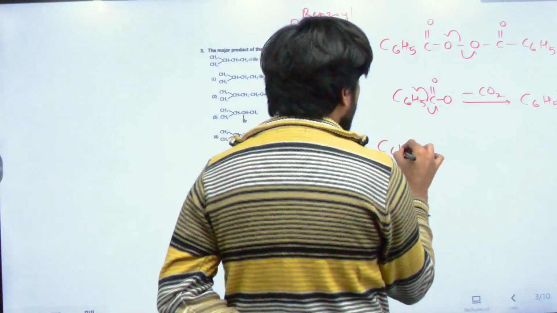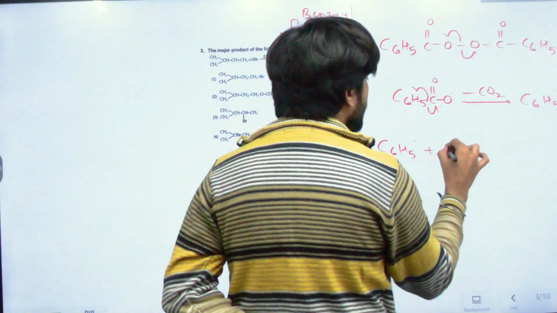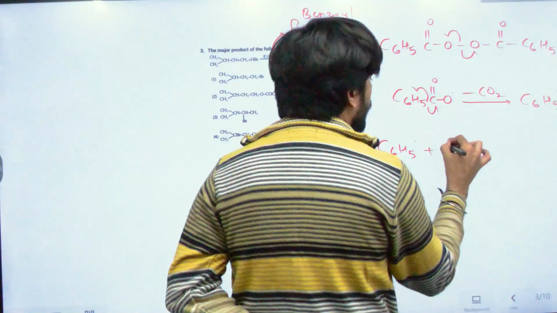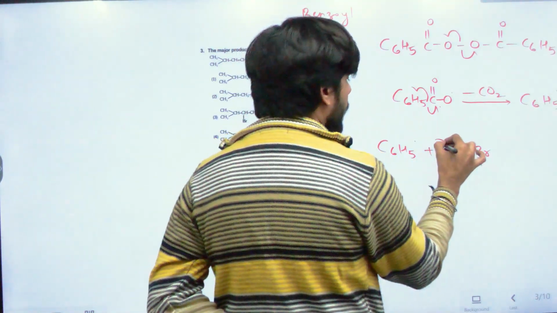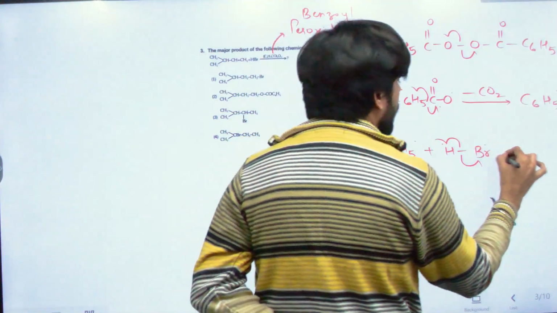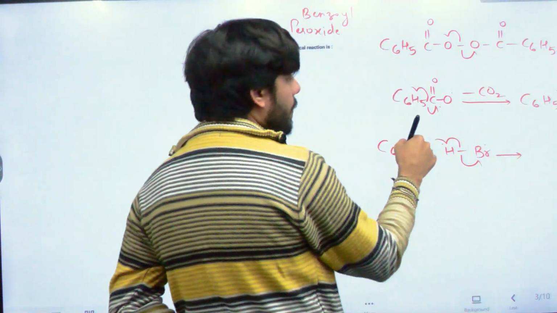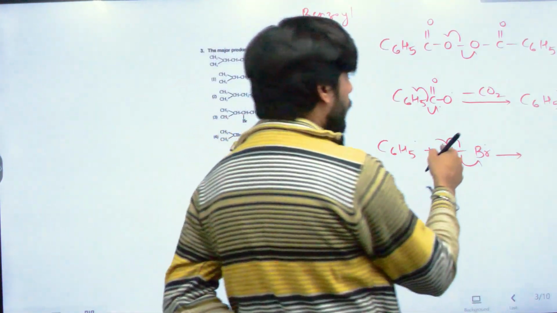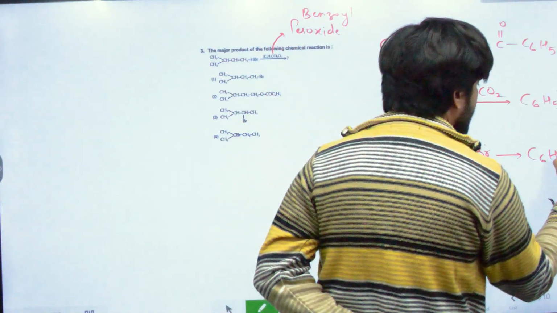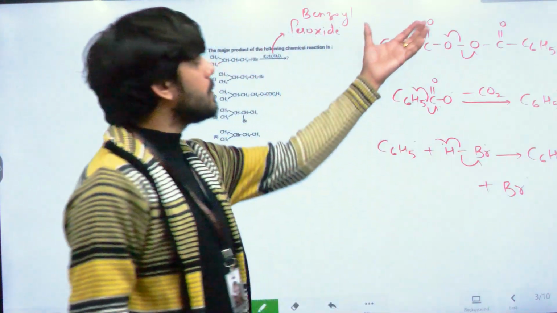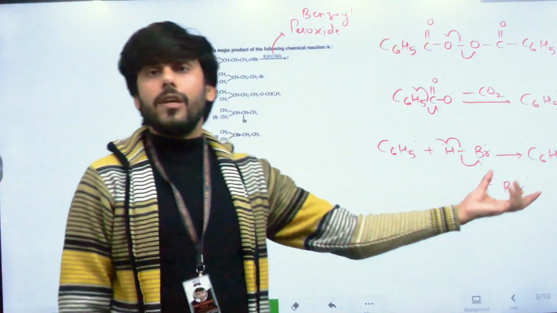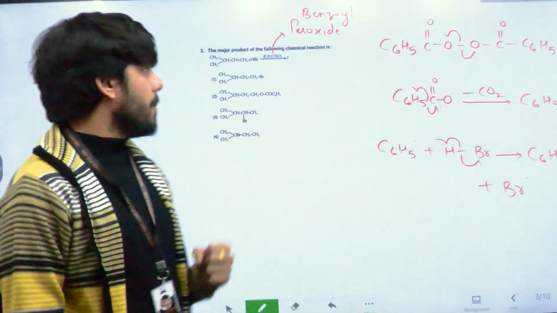Now when this phenyl free radical reacts with HBr, this bond breaks homolytically. I get a free radical over here and a free radical over here. So C6H5 free radical combines with H free radical to form C6H6, and I get bromine free radical. So this peroxide is basically the radical generator.